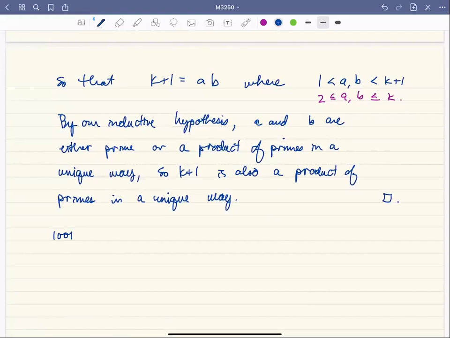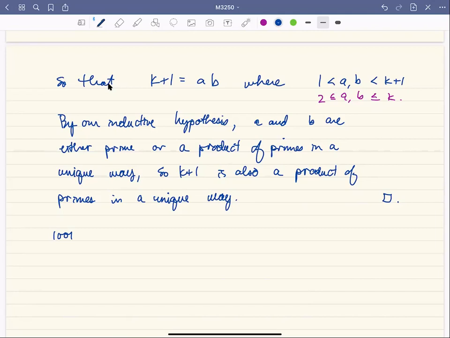I should pick another number that's a little bit easier, but if you want to determine whether or not 1001 is prime, it turns out that it's not. 1001 is a multiple of 13, and it turns out that it is 13 times 77. So it's 13 times 11 times 7. Usually you write the primes in increasing order, but this is the order that I wrote them in. So 1001 is a product of primes in a unique way.